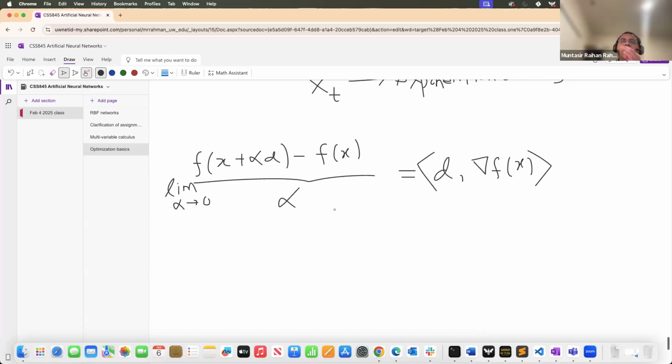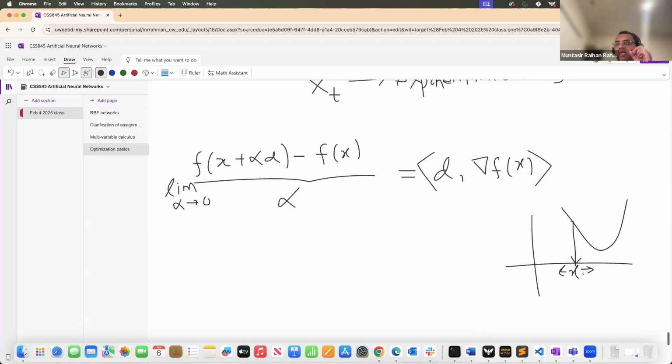This tells us we are trying to find the direction in which to move. Let's say I have this function f, and I'm currently here at x, trying to find a direction to move. This could be here or here in this case, but in high dimension there can be many more directions.